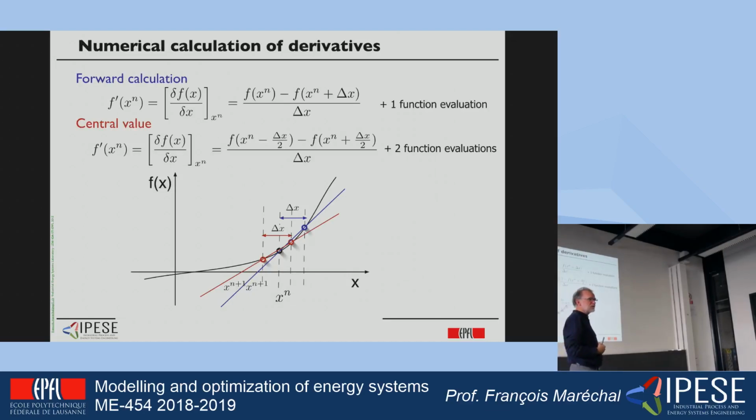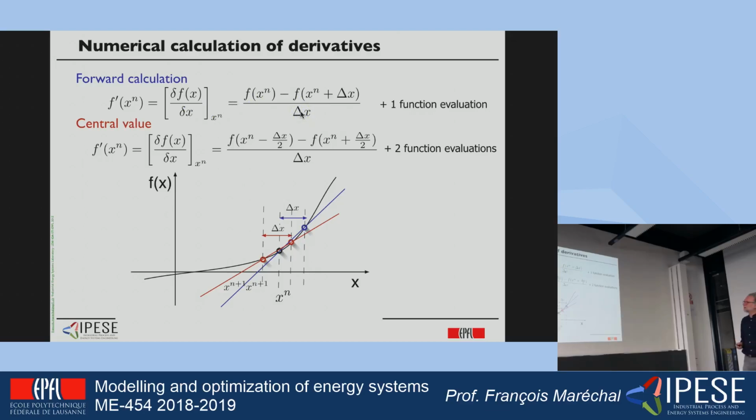I can calculate the slope by making perturbations. I'm going to approximate a derivative, which I know is the variation of the function around x at iteration n, so around x here. Numerically, the delta x becomes a variation of x.